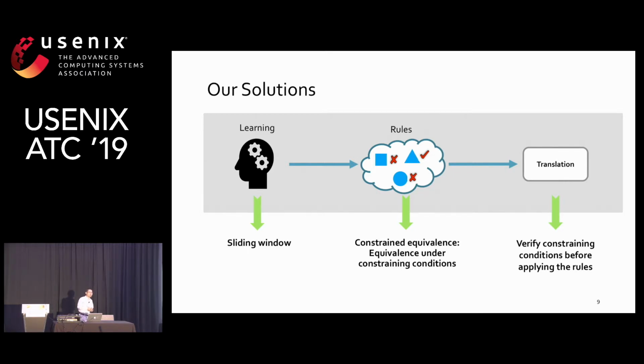Second, during the equivalence verification process, we introduce the notion of constrained semantic equivalence, where a translation rule is augmented with constraining conditions. That means the translation rule is only applied when the constraining conditions are satisfied. Now, let's see more details.